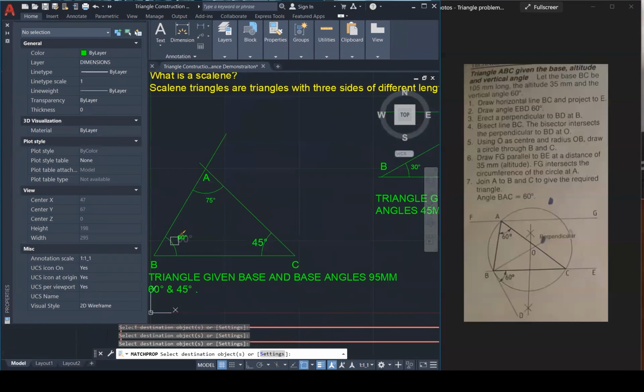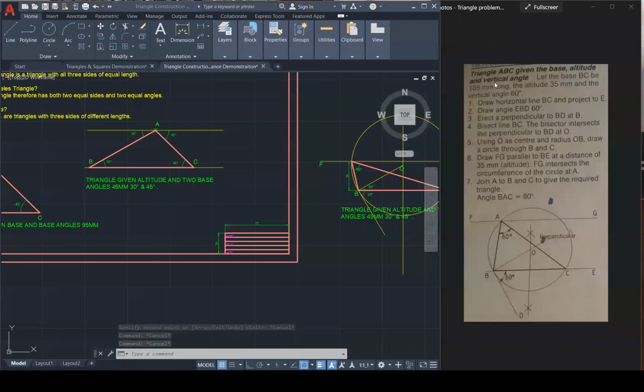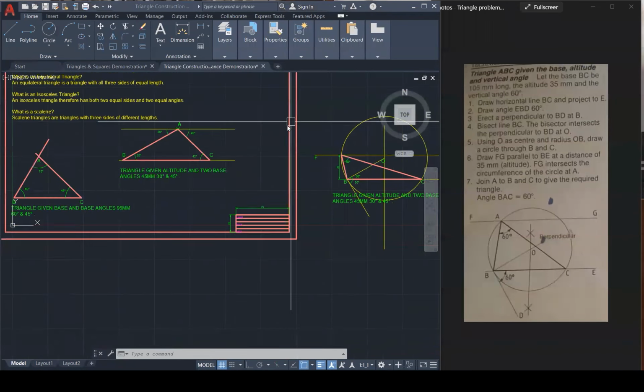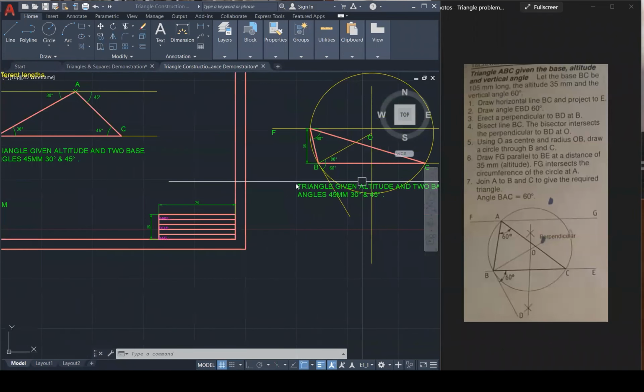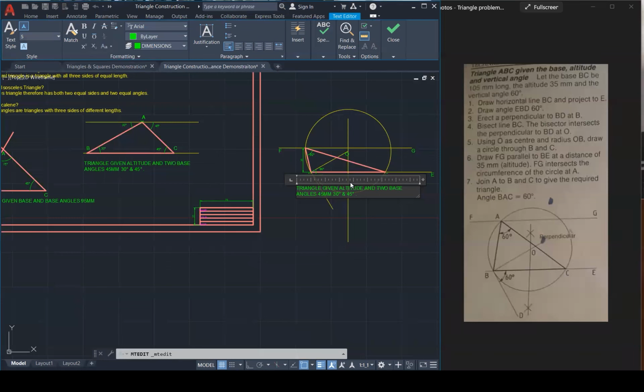Just editing at this point. This was triangle ABC given the base, altitude, and vertical angle. So this is a triangle given base, altitude, and vertical angle. One angle they give you.